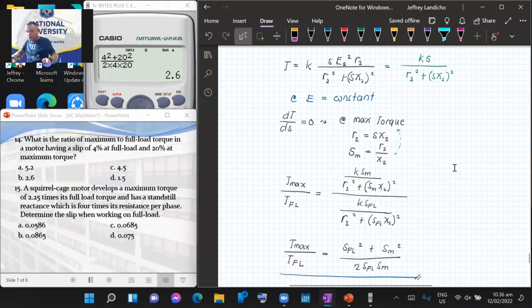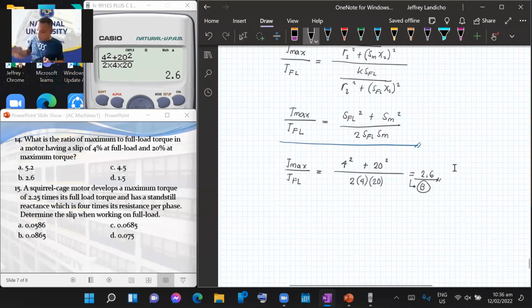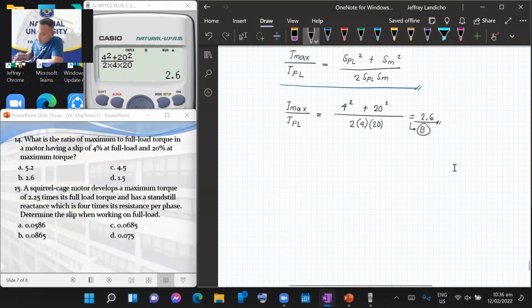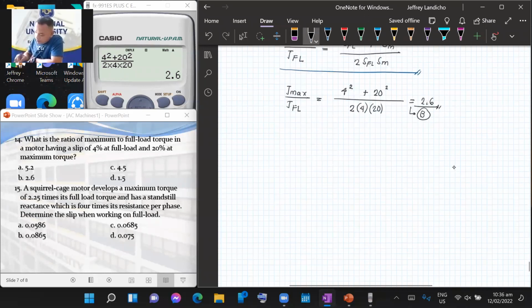Okay? So, I want to see problem number 15. Number 14. So, let us try number 15. So for number 15, a squirrel cage motor develops a maximum torque 2.25 times its full load torque. So the ratio of maximum over full load torque should be equal to 2.25.